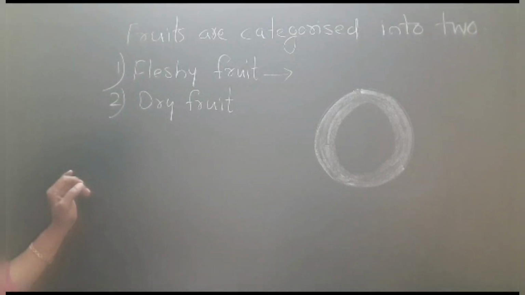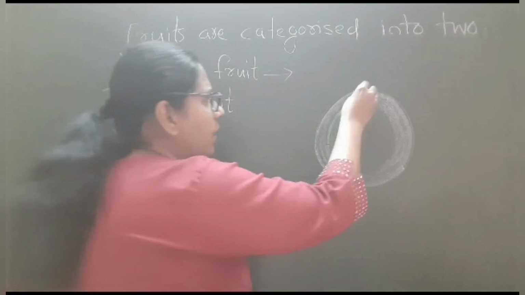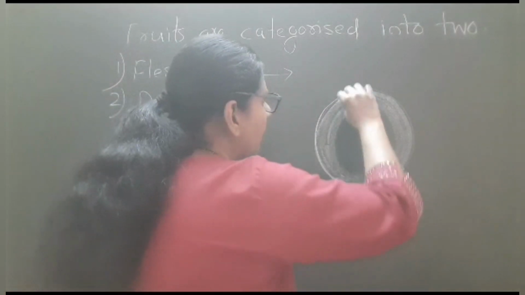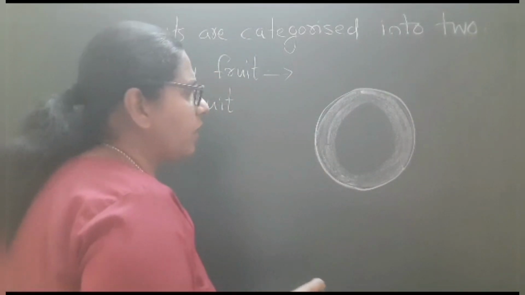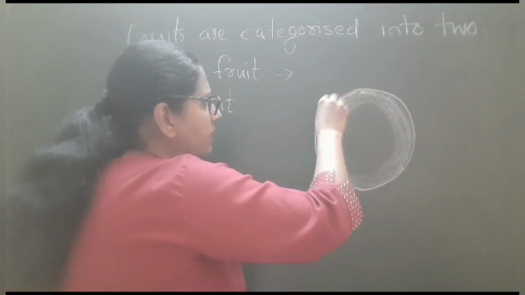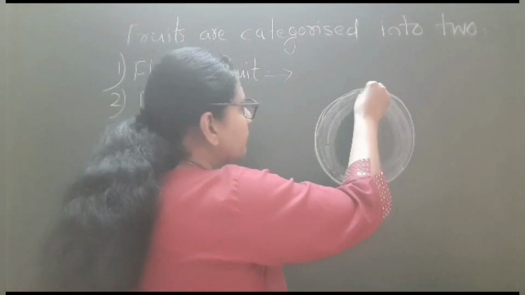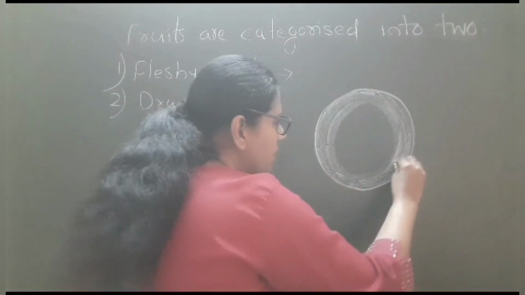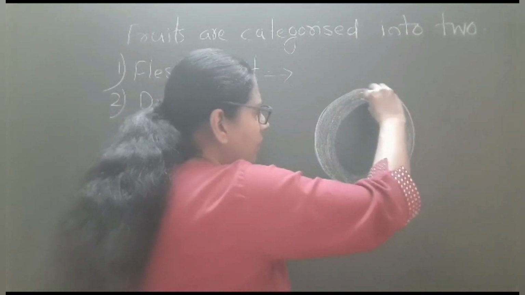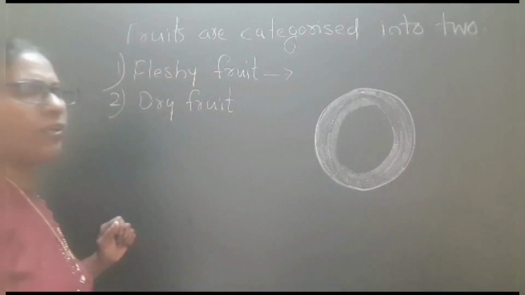Pericarp is the wall of the ovary, and it develops slowly. If the pericarp formed from the ovary develops into a fleshy, thick part, such fruits are called fleshy fruits.